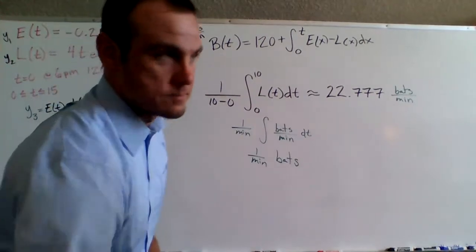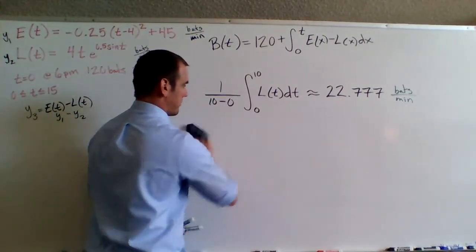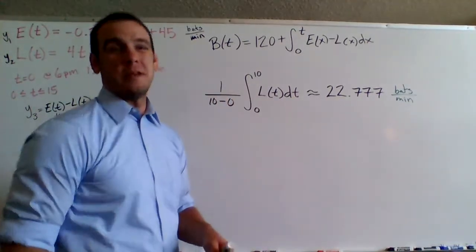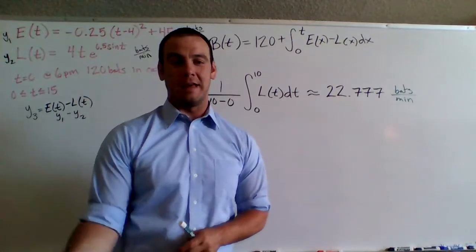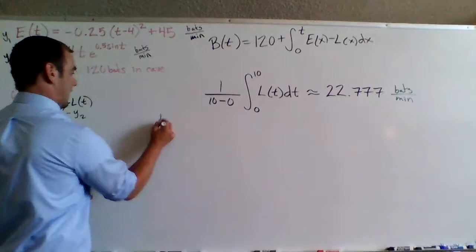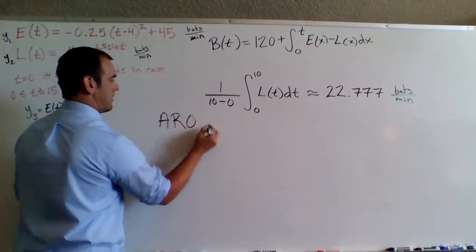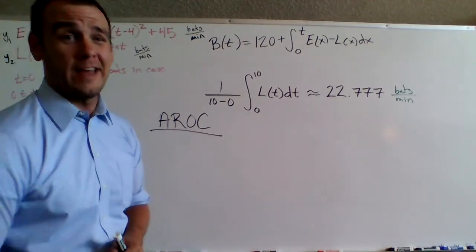Which is different than what 11 is asking. Yes, it's only like 1 or 2 different words, but it means something entirely different. Find the average rate of change of L of t on the interval 0 to 10.